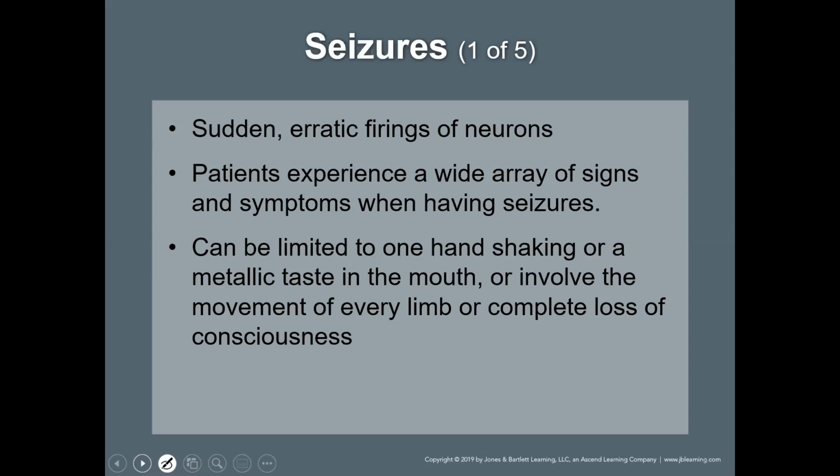A seizure can be a generalized seizure where they're doing the floppy fish thing on the ground, to just one hand shaking, to just their eyes bouncing, deviating off to the left, or lip smacking. So there's a lot of different presentations of seizures. I mean seizures, I'm sorry. I'm not talking about strokes now. Seizures.